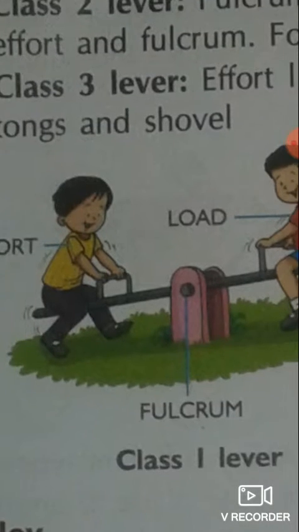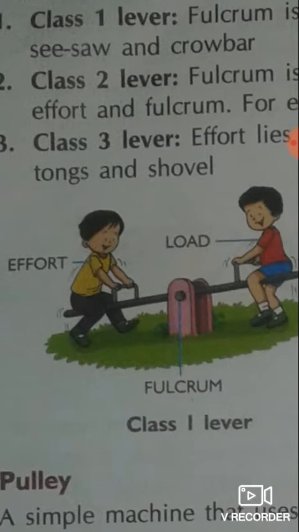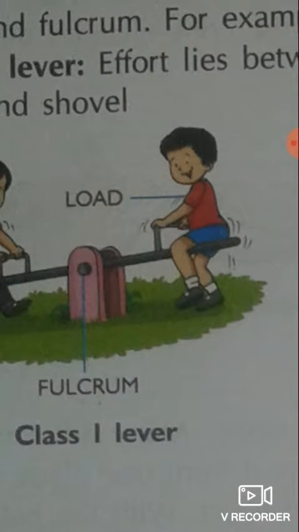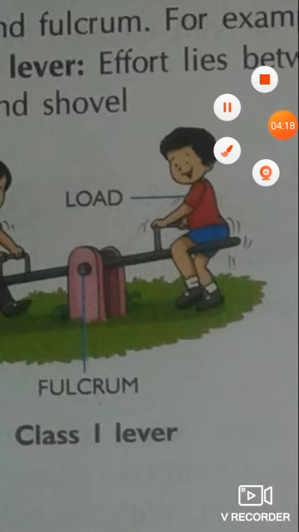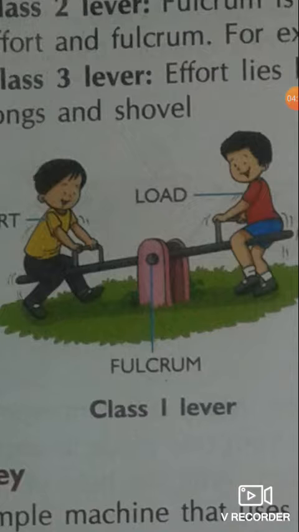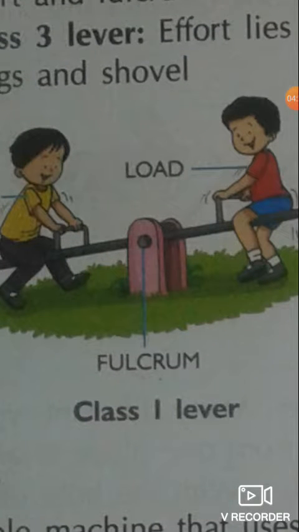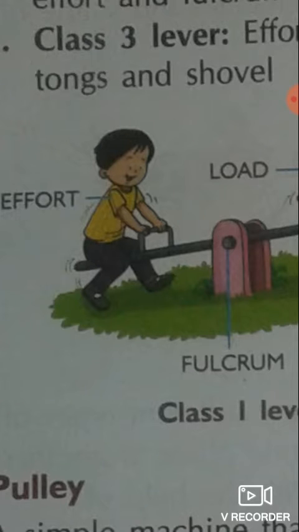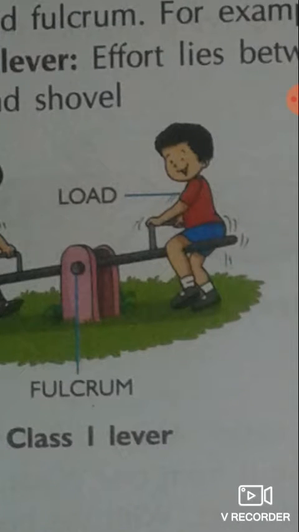This is the seesaw. One person is heavy, another is light. So in the middle the fulcrum is there. This is the fixed point, the turning point. So when this first boy gives effort, the second boy will be lifted.